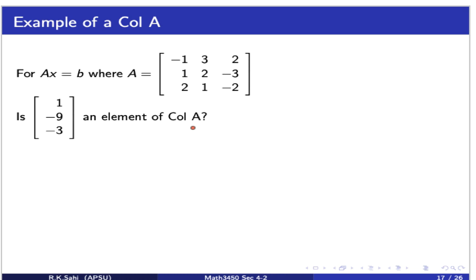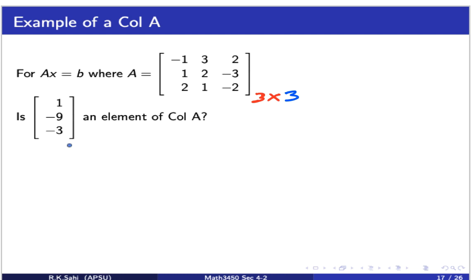Remember, very important, the column space of A is a subspace of Rm. So we have to know what Rm is here. This A is a 3 by 3, where 3 is the number of rows and 3 is the number of columns. Before we can even say it's an element, it has to be an element of R3.